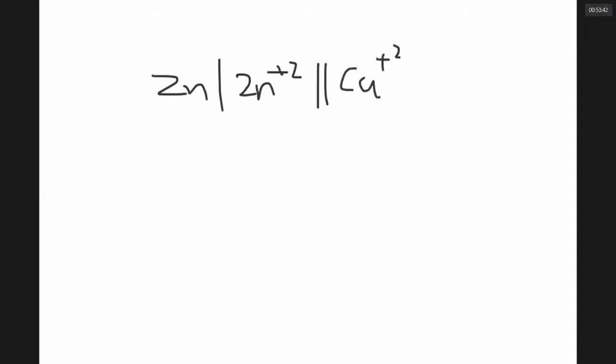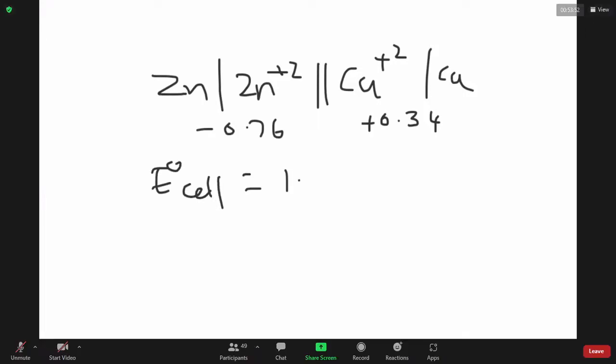Sir, we are discussing a very important problem. In this problem, Zn by Zn plus 2 is minus 0.76, Cu plus 2 by Cu is plus 0.34, and our E0 cell is equal to 1.10.